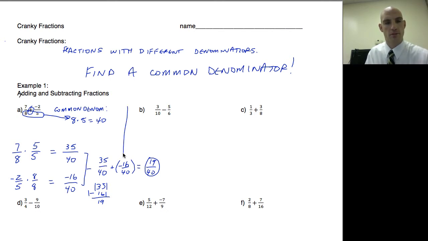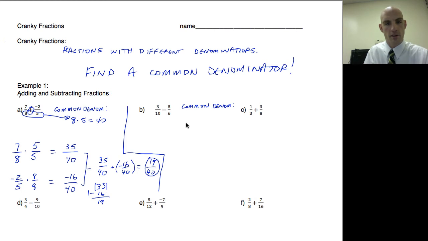How many 40ths? Well, 35 and -16, I'm going to subtract the easy way, get 19, and keep the sign of the larger absolute value, which is positive. So I've got 19 over 40 as my answer. And I can't reduce that because 19 is a prime number.